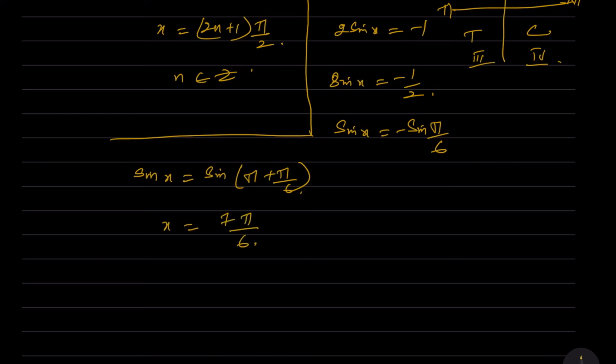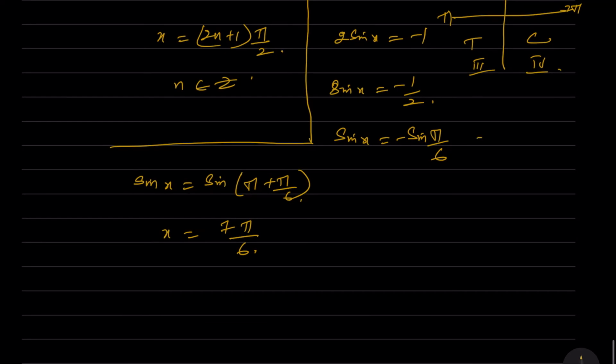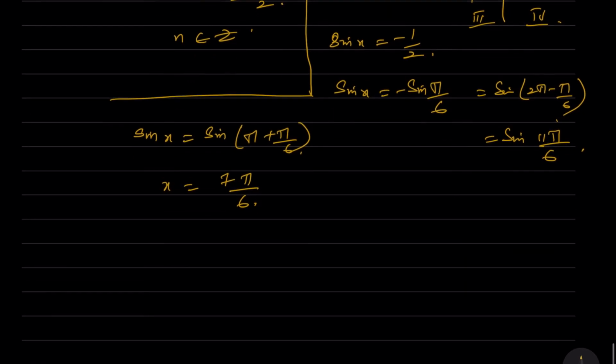Or you can also write sin of 2 pi minus pi by 6, which gives 11 pi by 6. But we are going to write the general solution only for one over here.